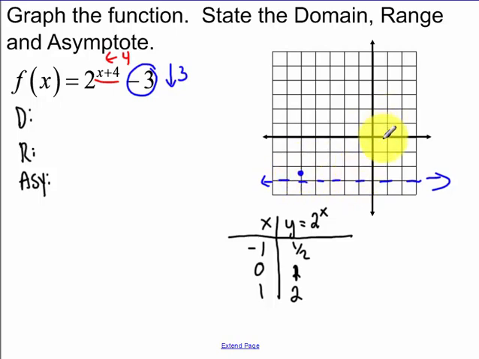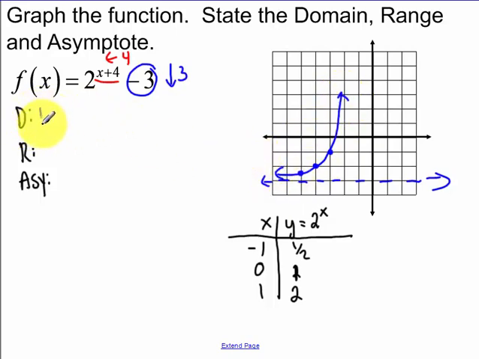And I do the same thing. I have 1, 0, down 3, over 4. And then we have 1, 2, down 3, over 4. Remember, it's not a line, it has some curve to it.